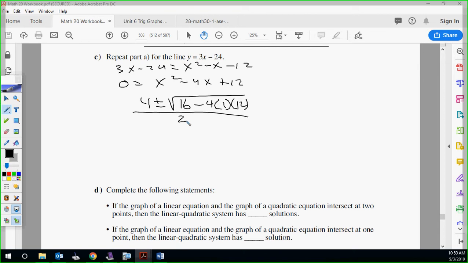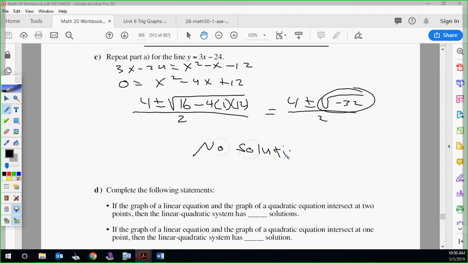We have 16 minus 48 here, so that means we have negative 32. That's a problem. That's a no solution. And so there is no solution for this system. So knowing your discriminant can still help you solve these types of systems.